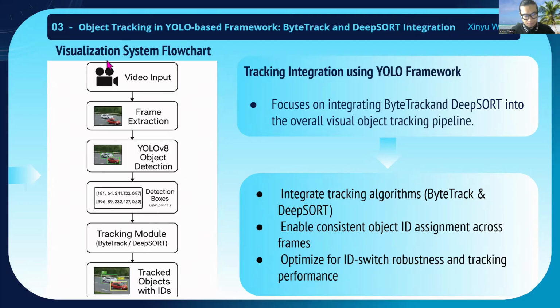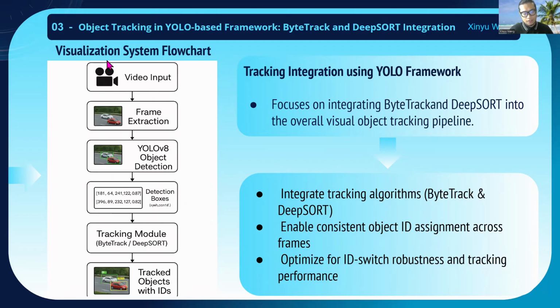For the tracking integration in the YOLO framework, in this section we want to focus on the integration of the tracking algorithm within the YOLO framework, because YOLO object detection alone cannot maintain the temporal identity across the video frames.